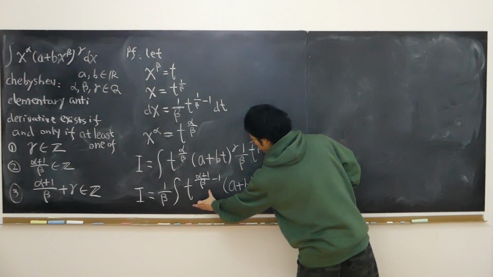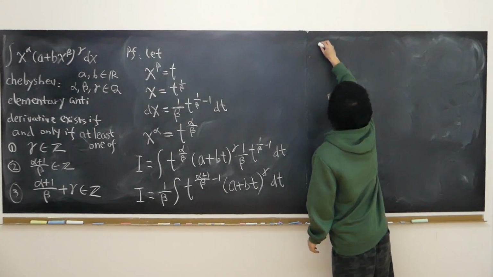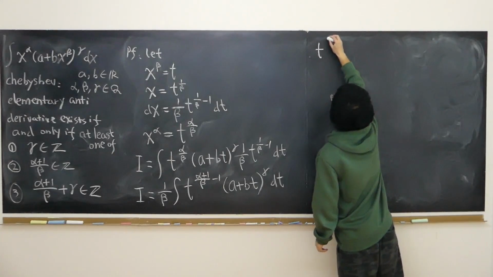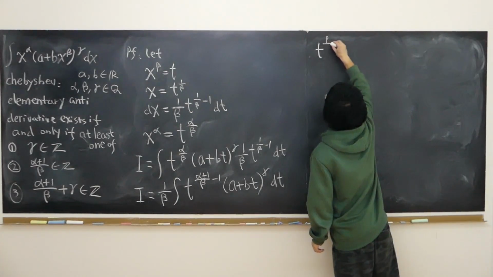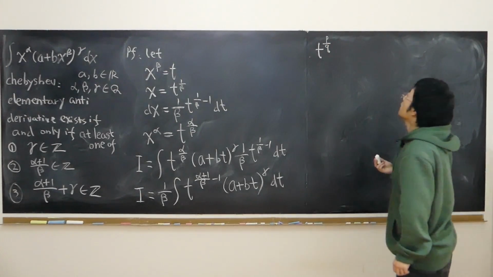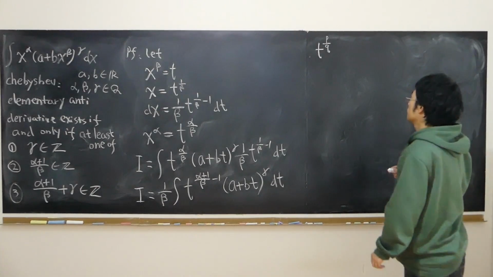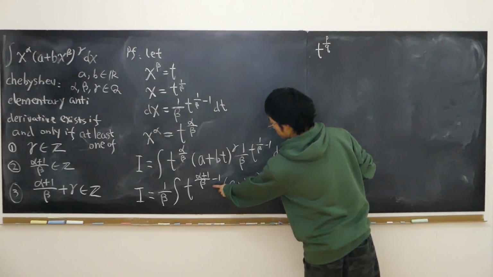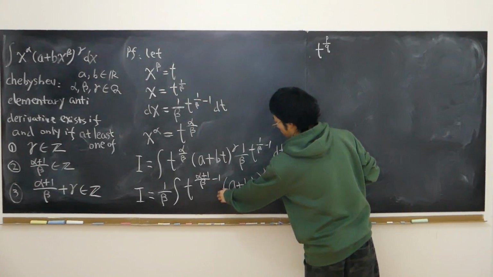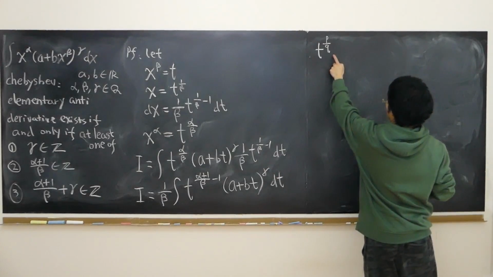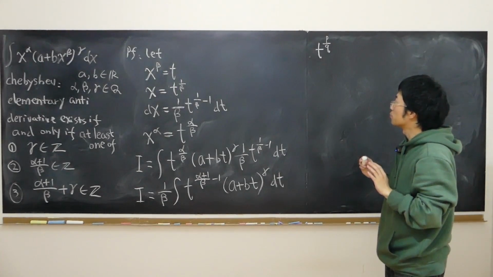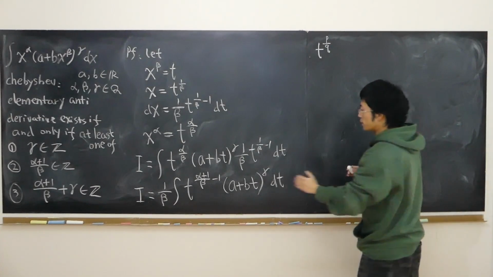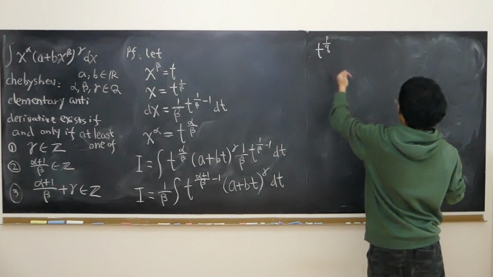So this term, we can rewrite it as t to the power of a rational, that is p over q, where p and q are both integers. Again, this index, alpha plus 1 over beta minus 1, is equal to p over q. Don't worry about the precise value of p over q. All we know is that it can be expressed as a rational. That is all we need.